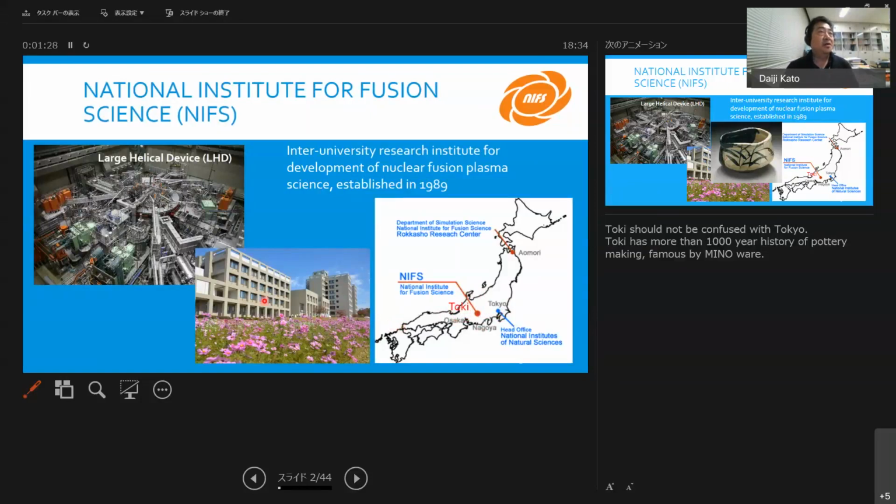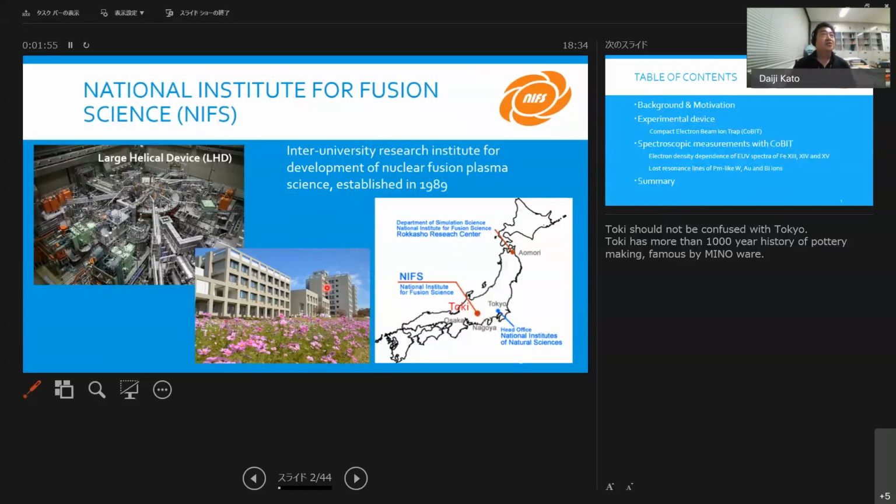And there is one of the world's largest magnetic confinement fusion plasma devices, LHD. And Toki City has more than 1,000 years of history of pottery making, and it is famous for Mino ware. I hope some of you will visit us in Toki City in the future.